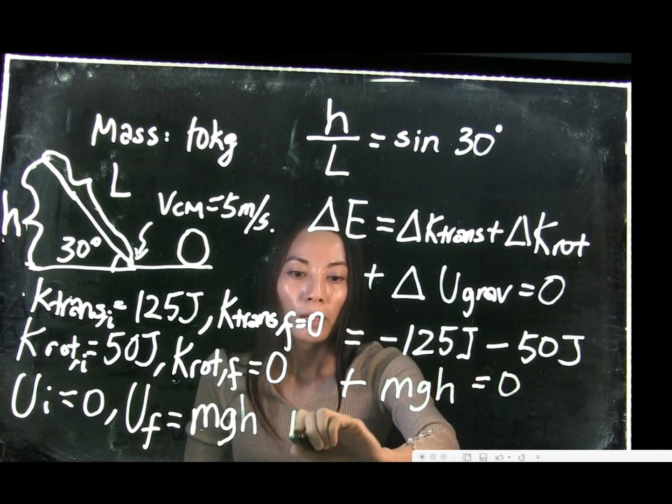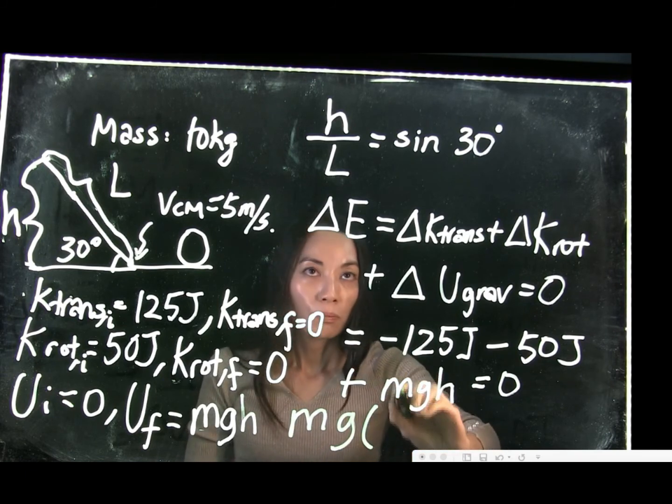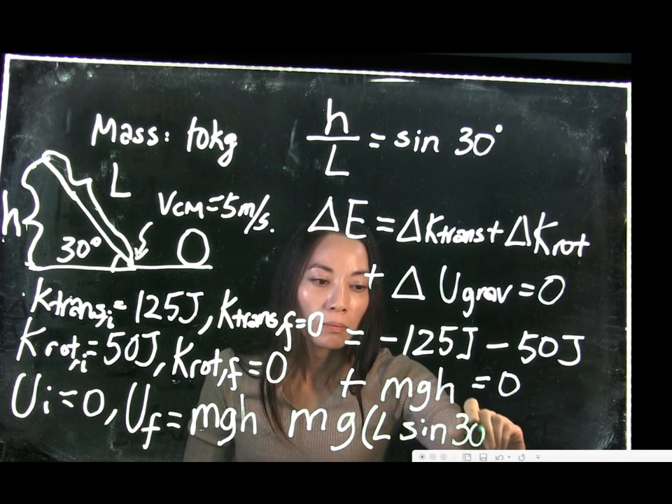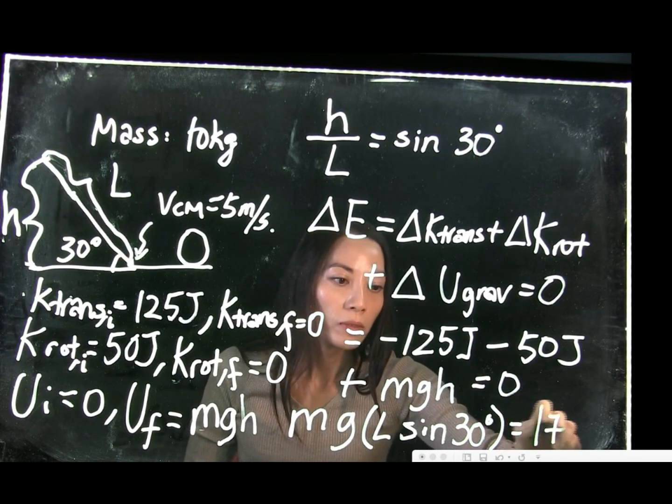So now we have m times g times h, where h is L sine 30 degrees, and that's equal to 175 joules.